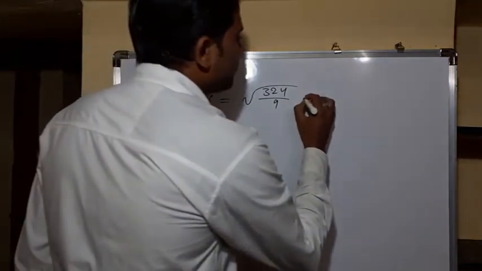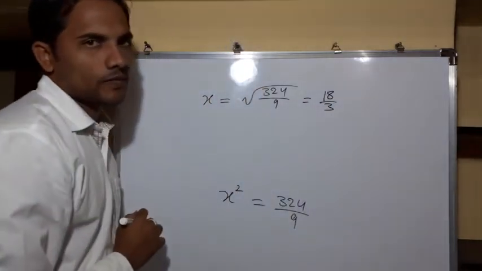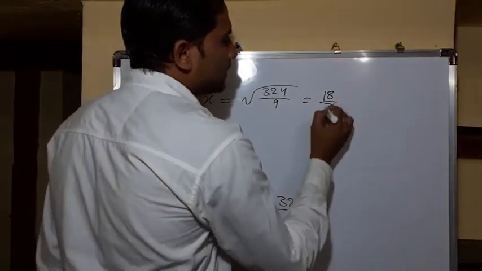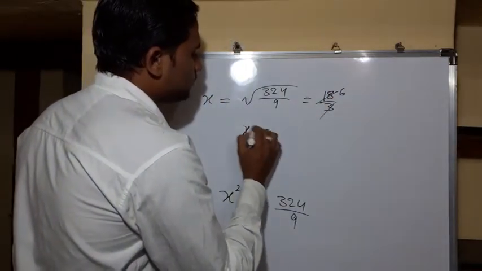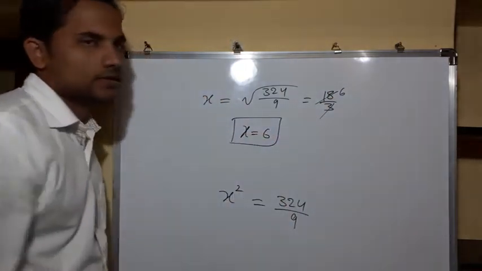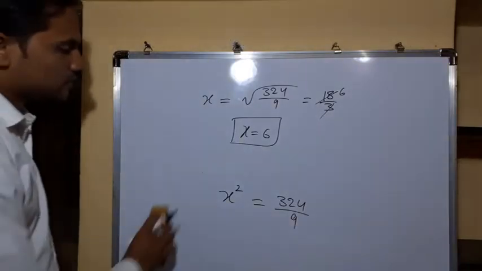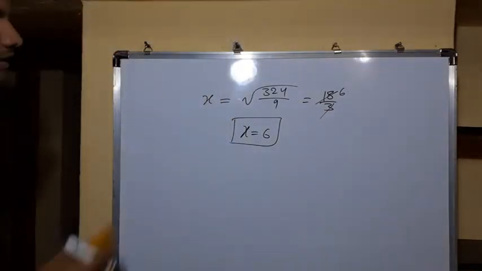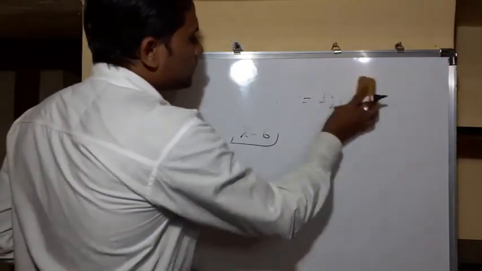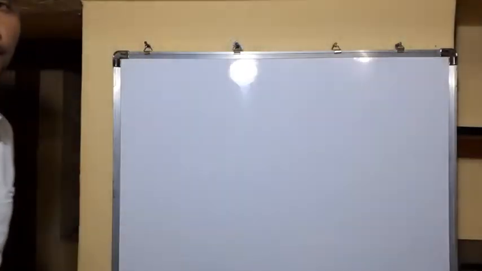So I can write 18 by 3, and again I can cancel this, 3 ones are 3, 3 sixes are 18. So I can write x equals 6. Understood, friends? In the beginning it may feel difficult, by seeing the problem you may feel it difficult. But if you understand the concepts correctly and thoroughly, it will be very easy to simplify.